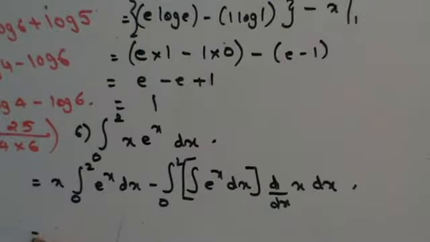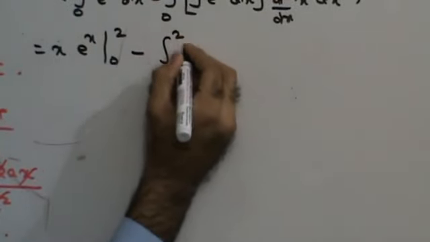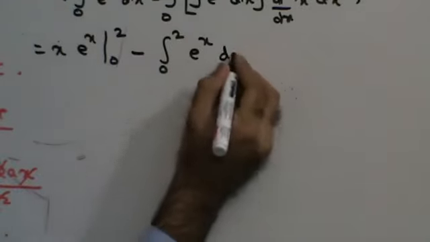So in that case this is going to be x. Integral of e raised to x is e raised to x when the limits are between 0 to 2. Integral of e raised to x is e raised to x. D by dx of x is 1 dx.